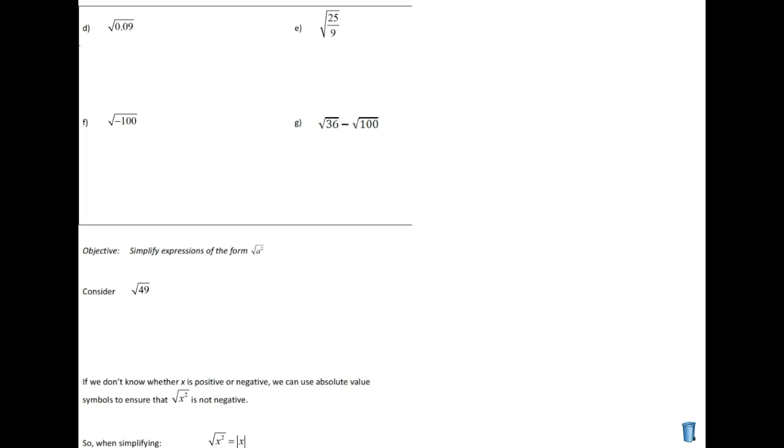Similarly, when you can find the square roots of other components, like this is the square root of 0.09, which is 9/100ths. So you could think of this as the square root of 9/100ths. And you can type that into your calculator, or you can think of the square root of a fraction as the square root of the numerator divided by the square root of the denominator.